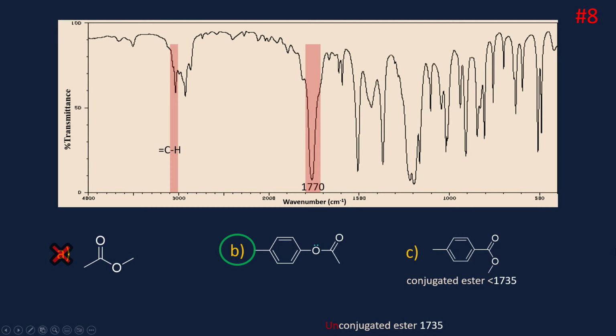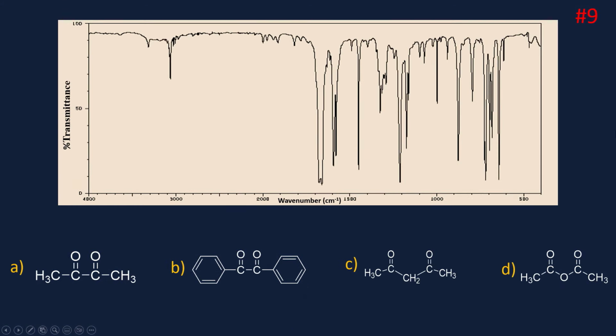This is because the lone pair on oxygen starts the resonance and leaves a positively charged oxygen which needs to be stabilized, so it withdraws the electrons from the carbonyl, which increases the double bond character and therefore the wave number.